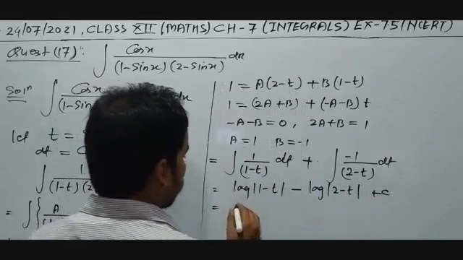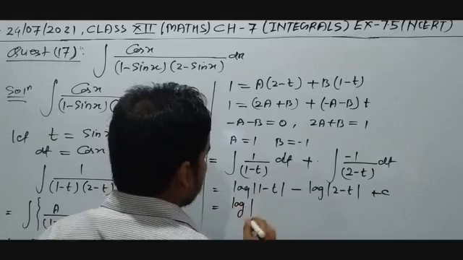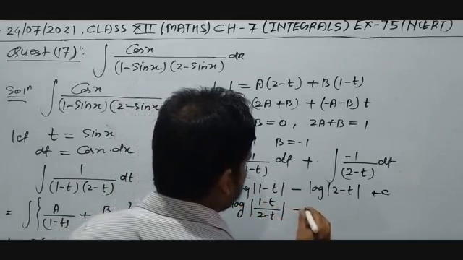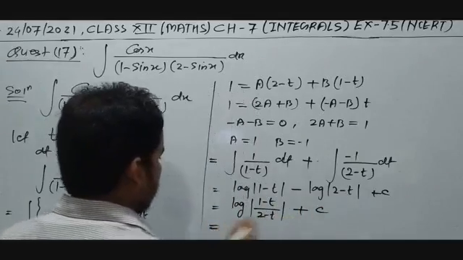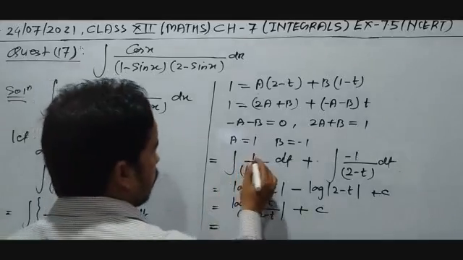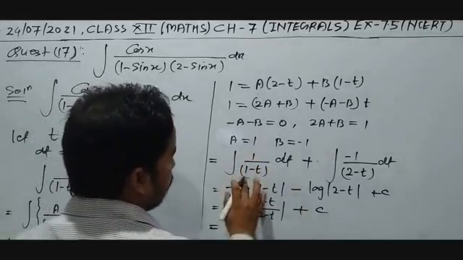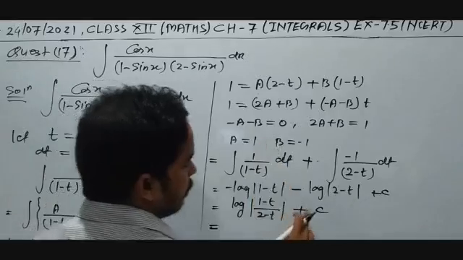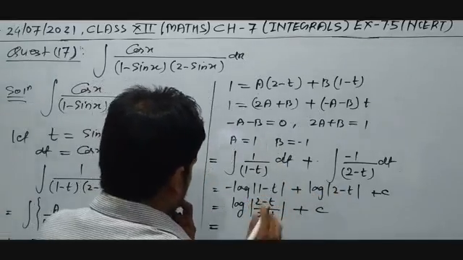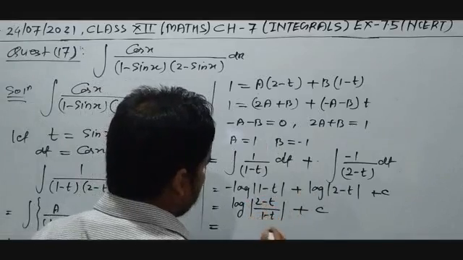And log m minus log n is log m by n. So log of (1 minus t) upon (2 minus t) plus c. Because of 1 minus t, the derivative gives minus dt, so there is a sign change, and this will be 2 minus t upon 1 minus t.